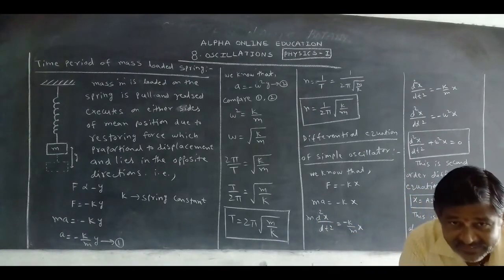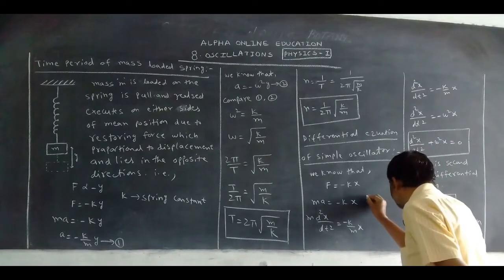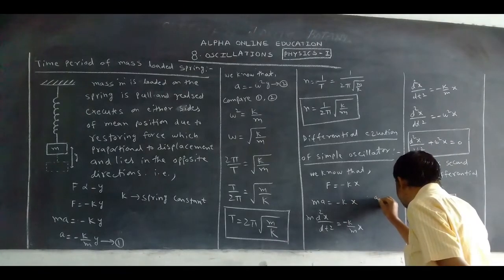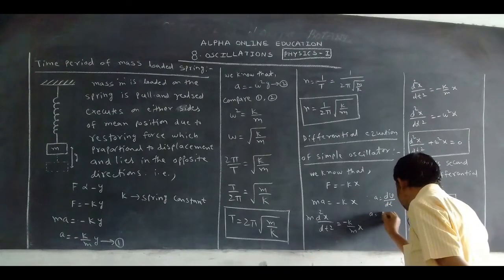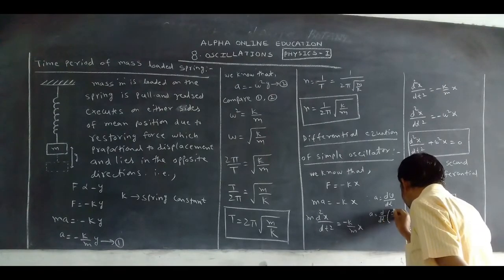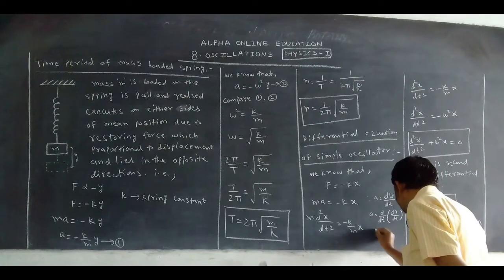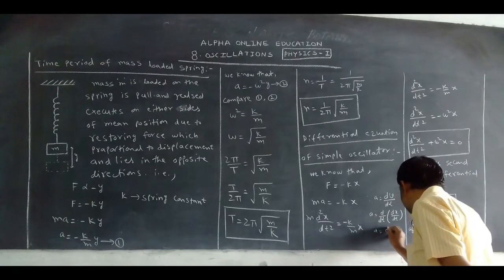How can we get this? a = dv/dt. a = d/dt of v, and what is v? dx/dt. So a = d²x/dt².